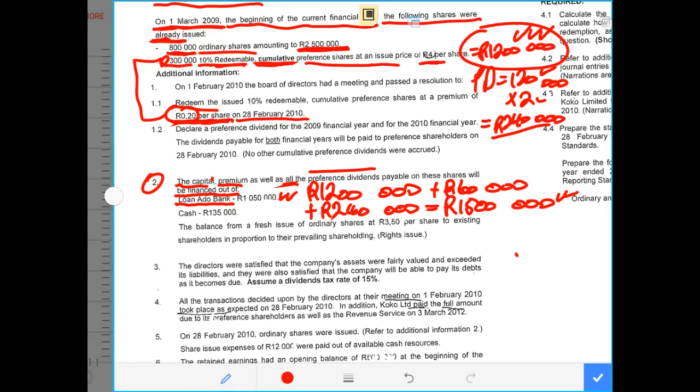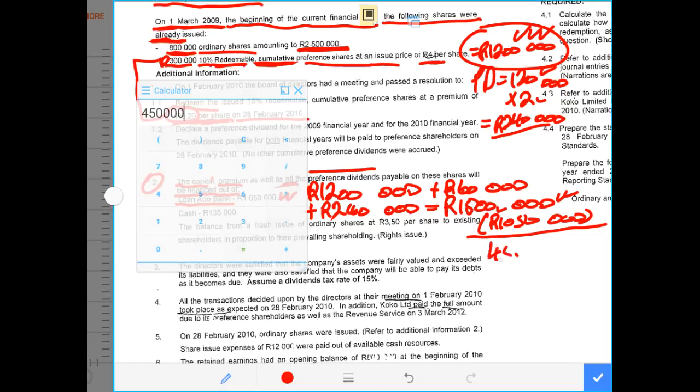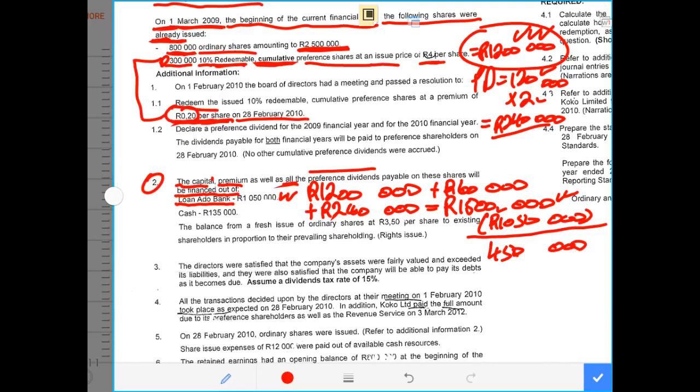That means now we have to say out of the 1,500,000 that we owe, we need to subtract the loan and say less 1,050,000 of the loan. Then after we say less 1,050,000, we see how much is the remaining balance. So now the remaining balance is 450,000. That still needs to be raised.